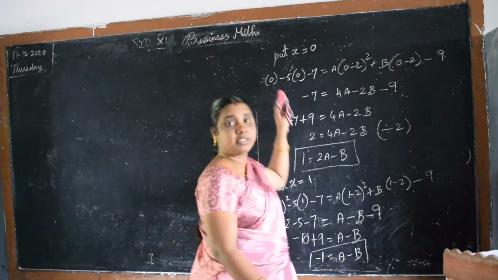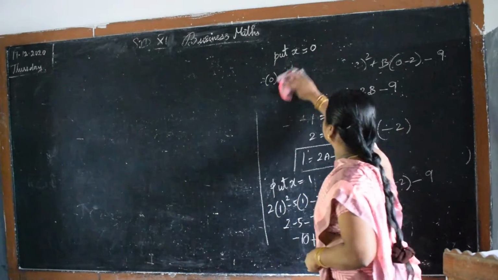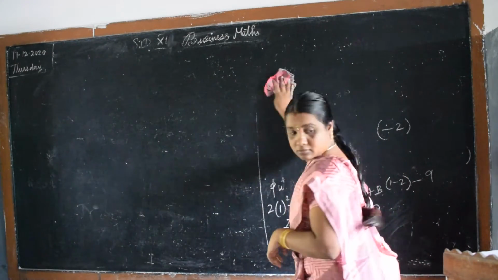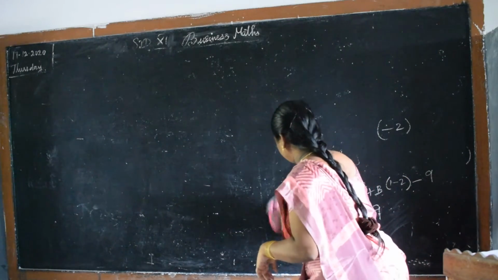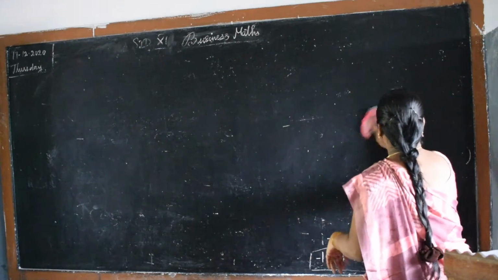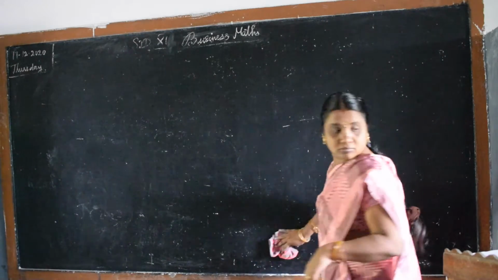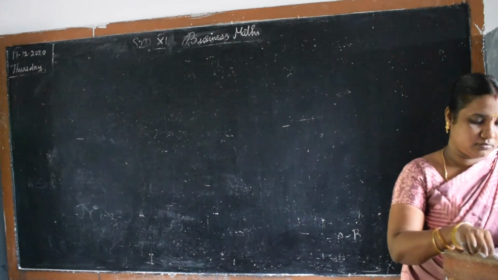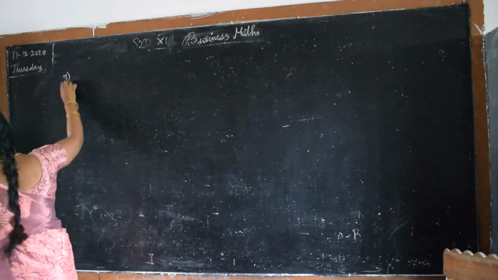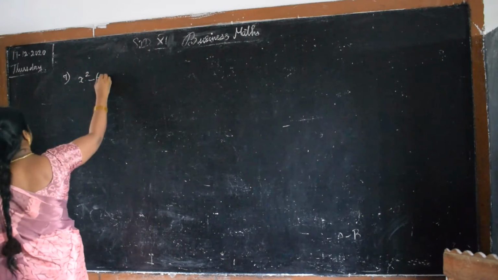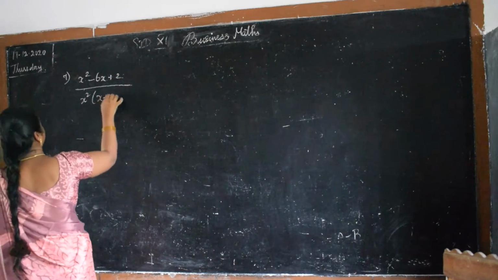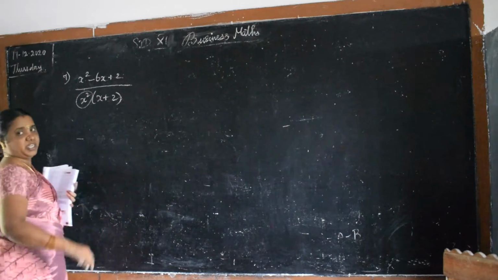Sorry, denominator with repeated linear factor. See, what is the 7th question given? (x square minus 6x plus 2) by x square into (x plus 2). This is the repeated denominator.